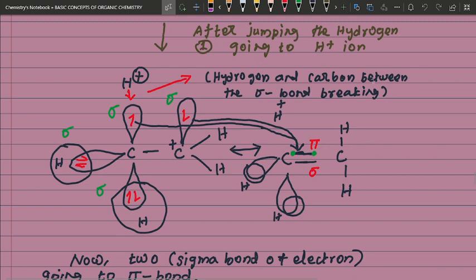Now the sigma bond between hydrogen and carbon breaks. Here this carbon has only one electron, so this electron and this electron both go in as a pi bond. See, this is the pi bond, 2 electrons, the 2 green color electrons. This is the pi bond, this is the sigma bond.